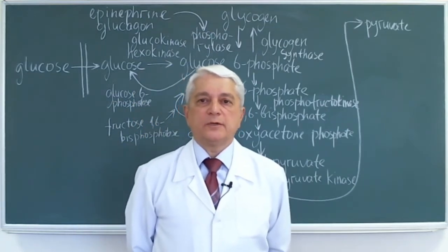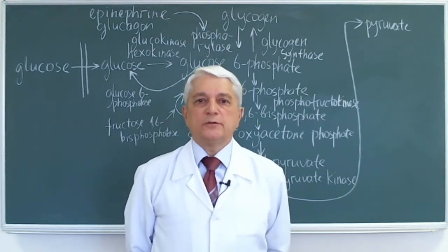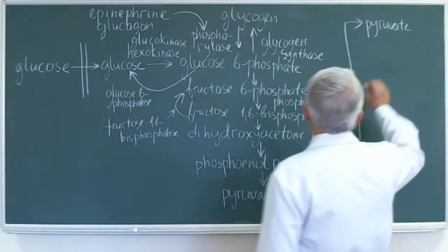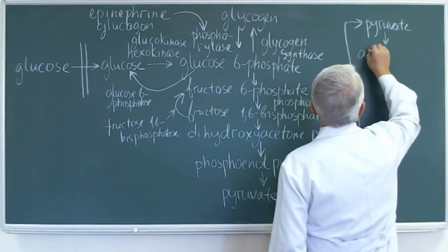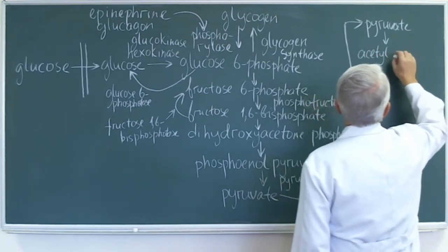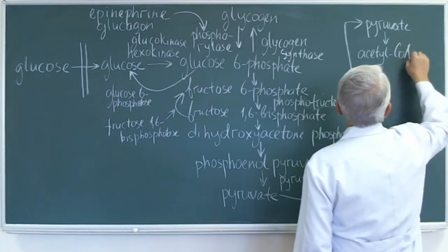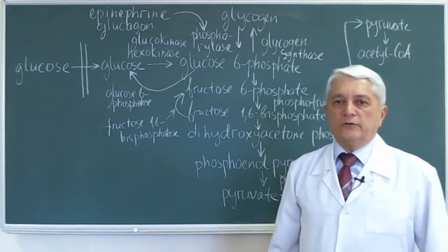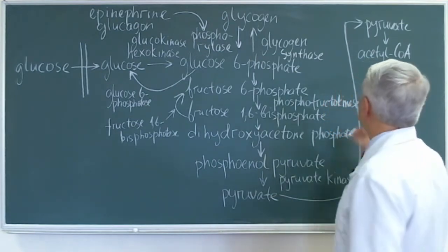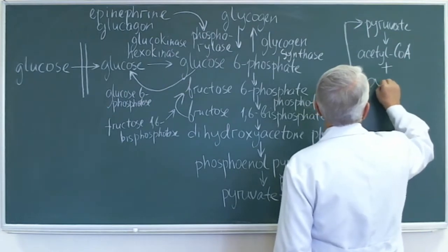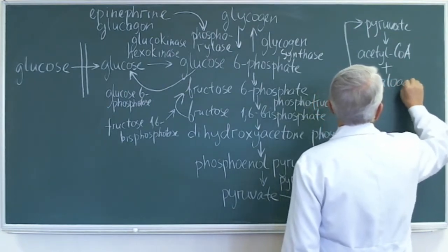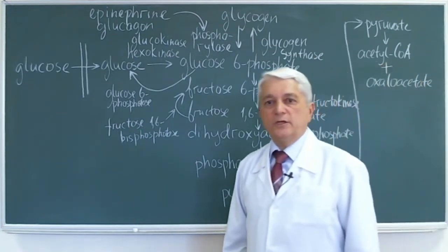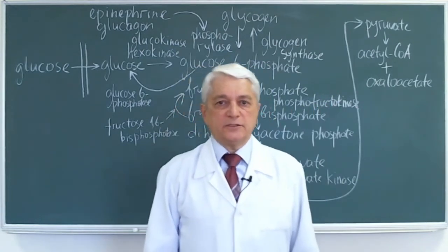Here we have, you know this very good, pyruvate dehydrogenase reaction, and we are receiving acetyl coenzyme A. Then acetyl coenzyme A reacts with oxaloacetate. So let's write. And now we have the beginning of citric acid cycle.